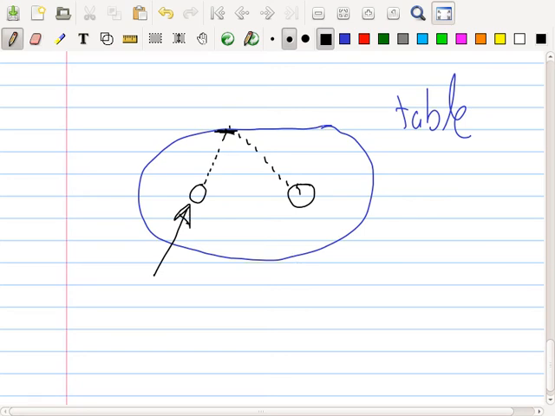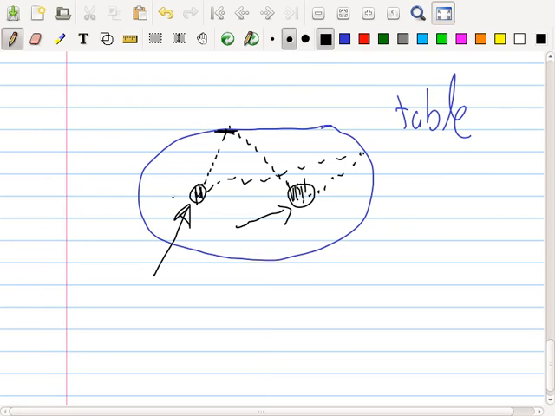It's just pool. So if you hit it here, it will bounce and always go here. Or if I hit it like this, it'll go here, bounce and go back here.